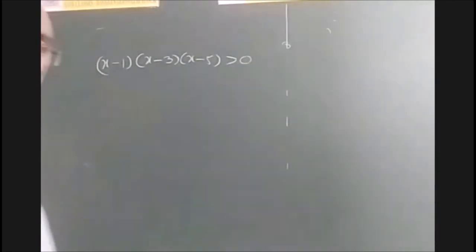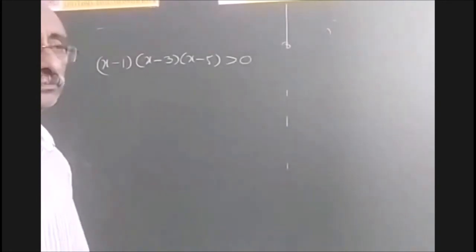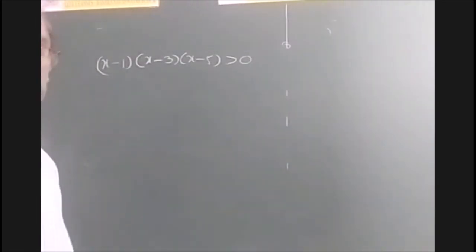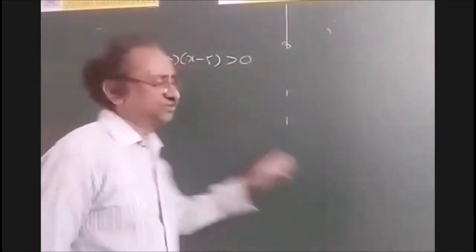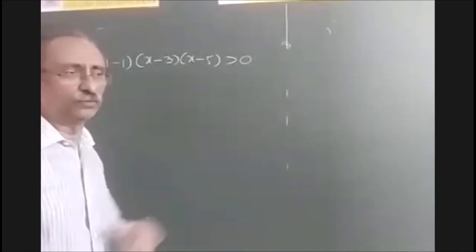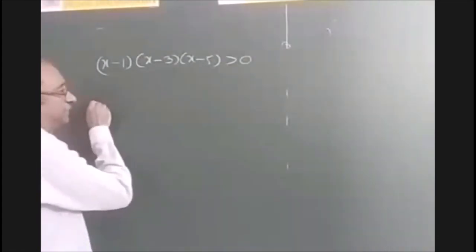Then the analytical thinking will be difficult, because the product of three numbers is positive when all three are positive, or exactly one is positive and two are negative, and there may be so many cases. Solving them may be difficult for us, or at least it will take time, and we don't have that much time in the examination. Therefore, we use a method called the Wavy curve method.